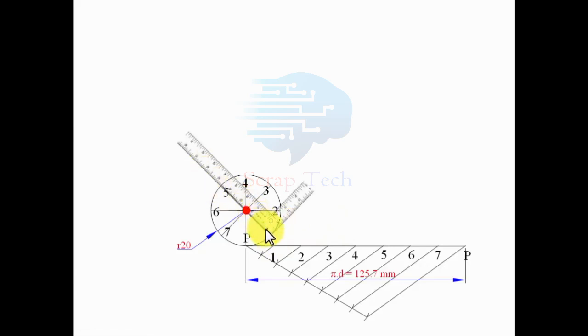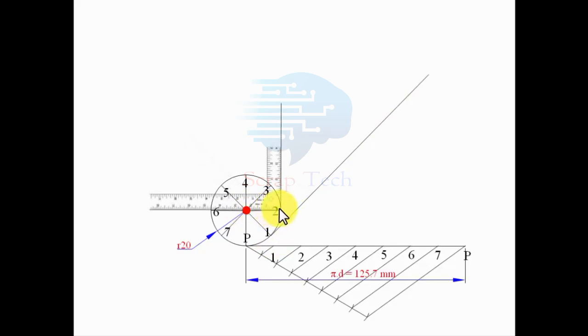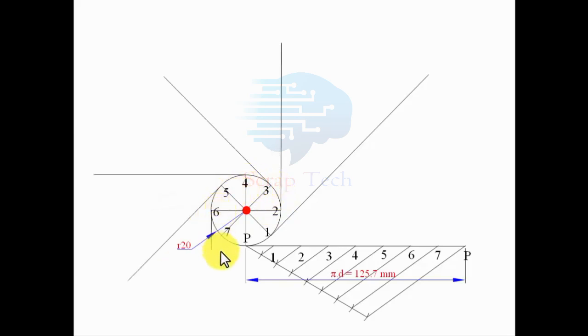Keep your mini drafter like this along this spoke, one scale of your mini drafter along this spoke, so that the other scale is absolutely perpendicular to this one. Then draw a line like this. The same has to be repeated at point 2 also. It's self-explanatory. Keep on doing so for points 3, 4, 5, 6, 7, and you don't need to do this for point P. At point P this line automatically qualifies as a tangent.